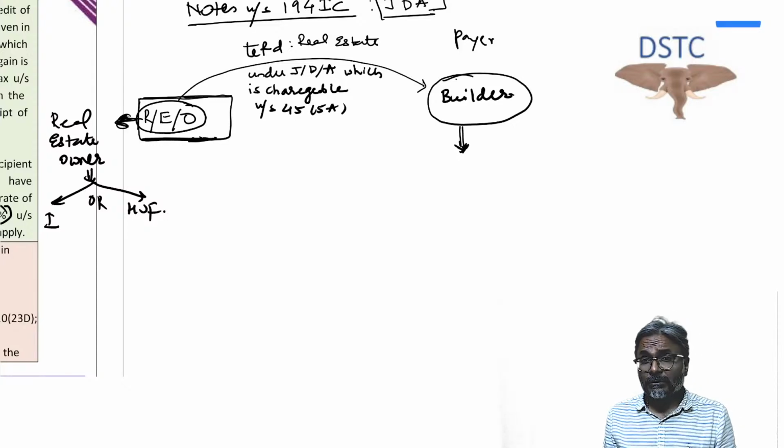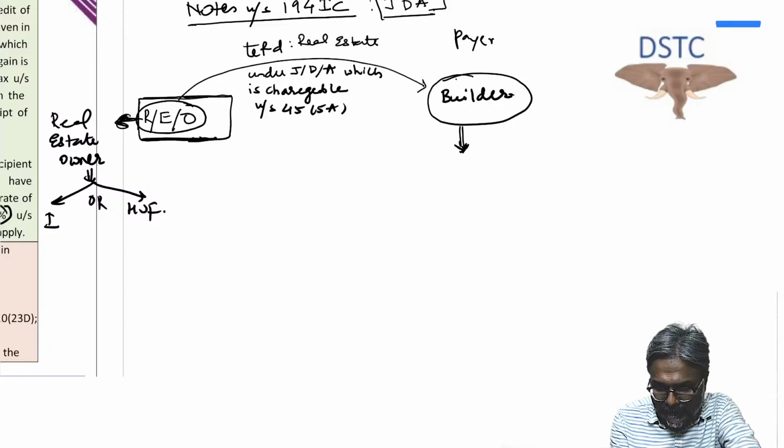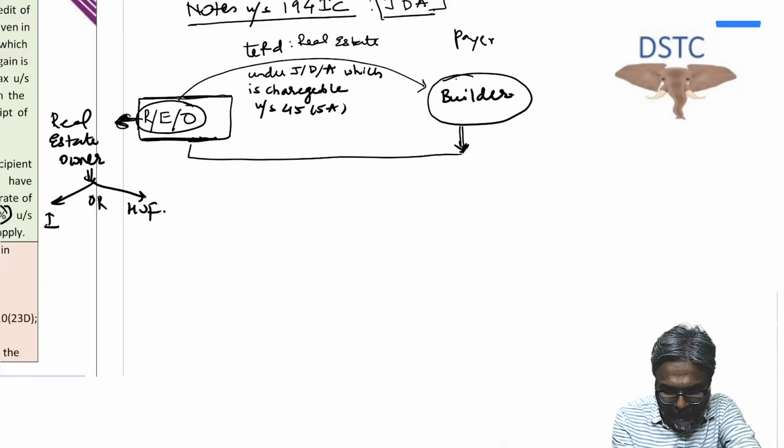Now what is he going to do? The builder, students, in this case obviously is paying the consideration.